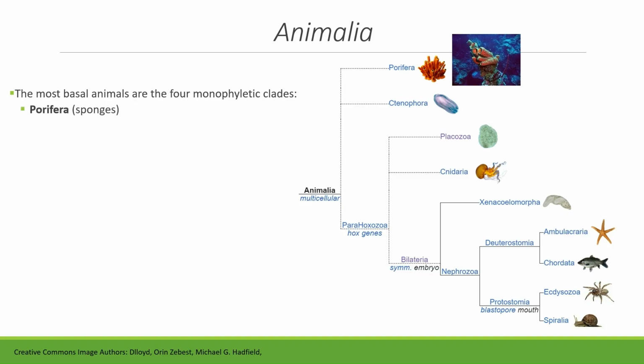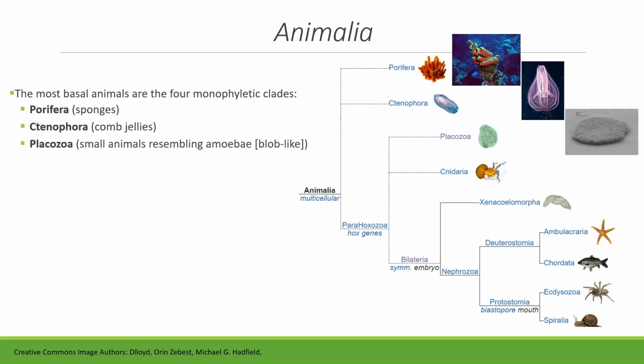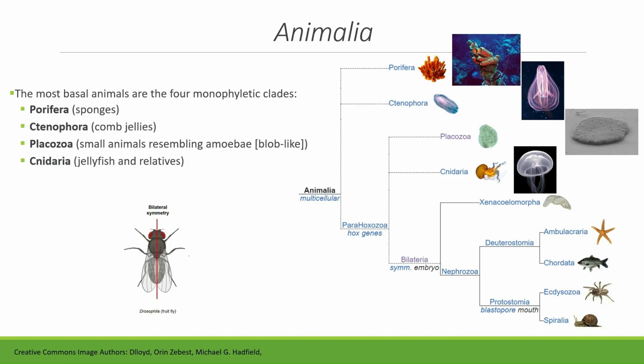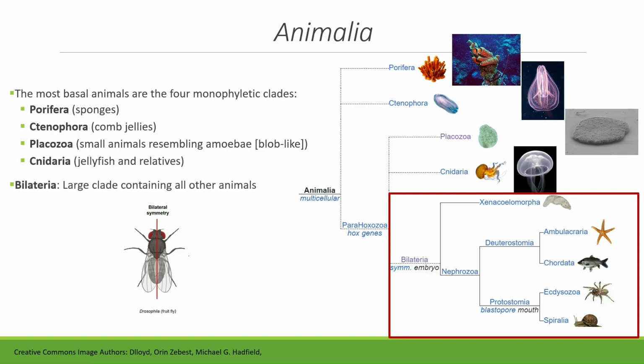These are Porifera, the sponges, Ctenophora, the comb jellies, Placozoa, small animals resembling amoeba that look almost like living blobs, and Cnidaria, which includes jellyfish and their relatives. All four of these groups lack bilateral symmetry. The remaining animals belong to the large clade called Bilateria, which contains everything else and is defined by bilateral symmetry.